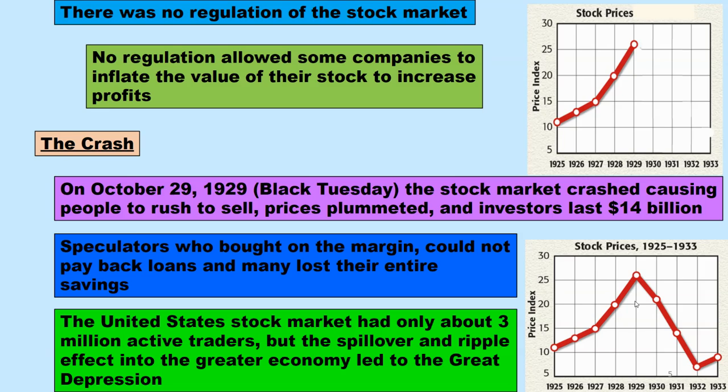Only about 3 million actively traded. But the ripple effect, and that's what we have to understand, scared people in America. And when they saw the teetering status of the American economy, it's going to cause average Americans to do some things, which are only going to exacerbate and grow the issues of the Great Depression.